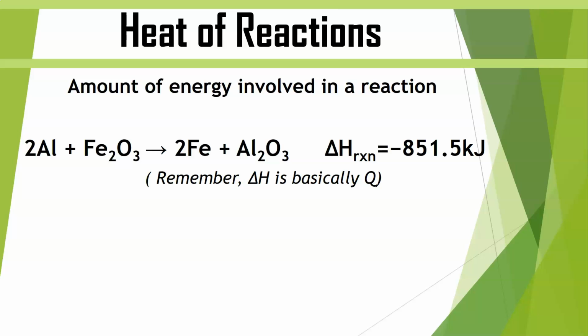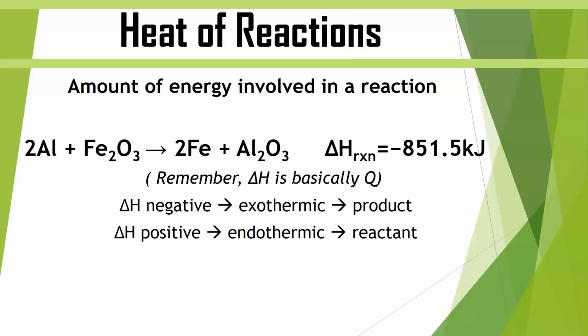If your Q or your delta H is negative, remember it's exothermic, your energy is a product. Whereas if it's positive, it's endothermic, and your energy can be considered a reactant. You need the energy for the reaction to take place if it's endothermic.